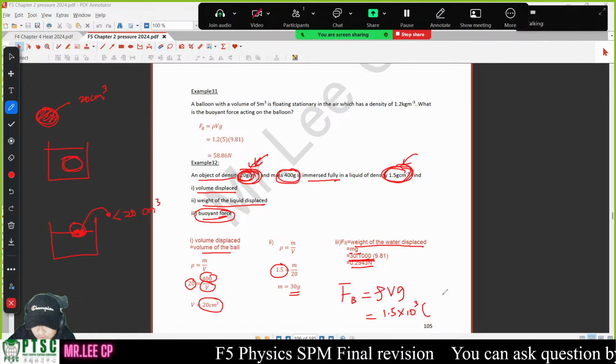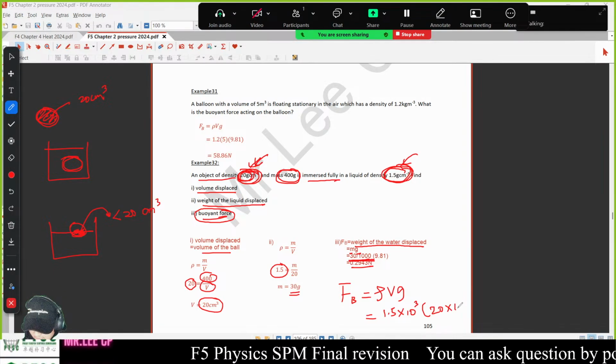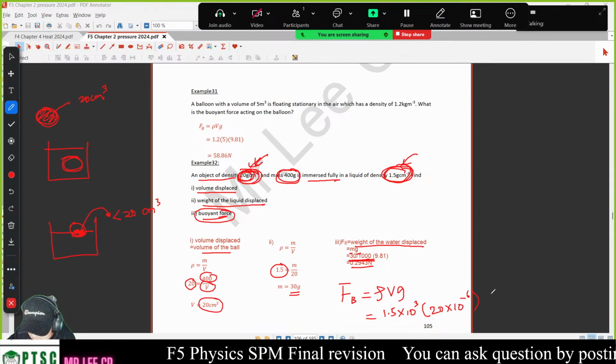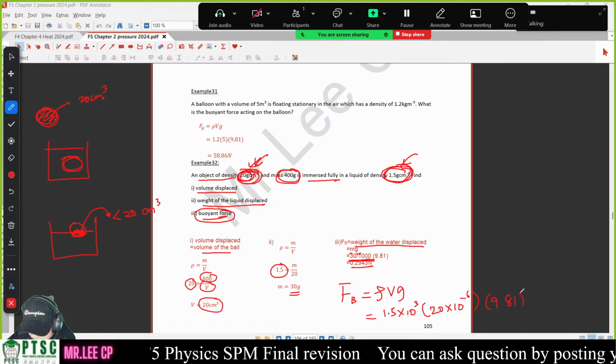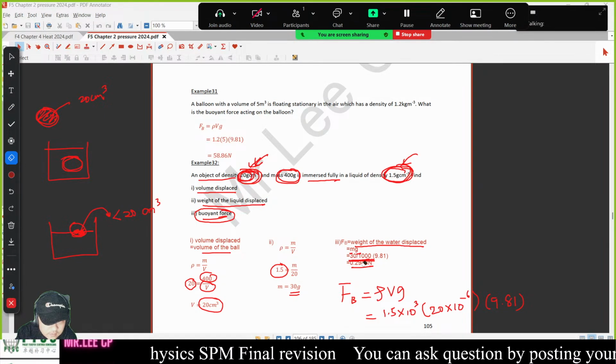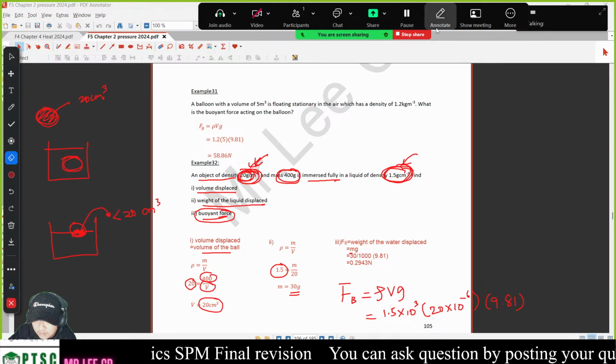V, volume, is 20 times 10 to the negative 6. g is 9.81.